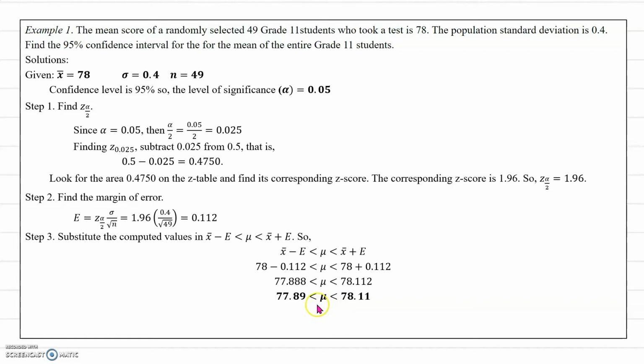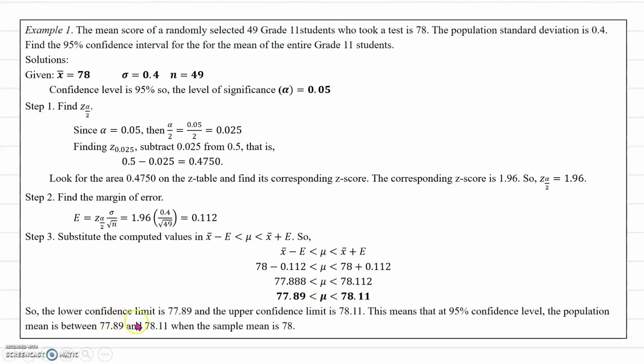Let's round off to 2 decimal places only for our upper and lower limits. So the population mean is greater than 77.89 but is less than 78.11.